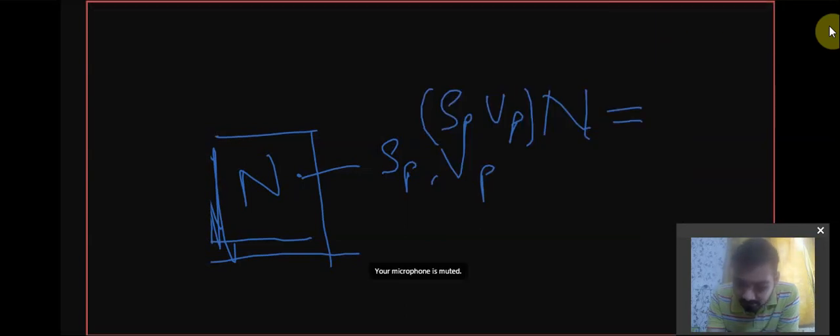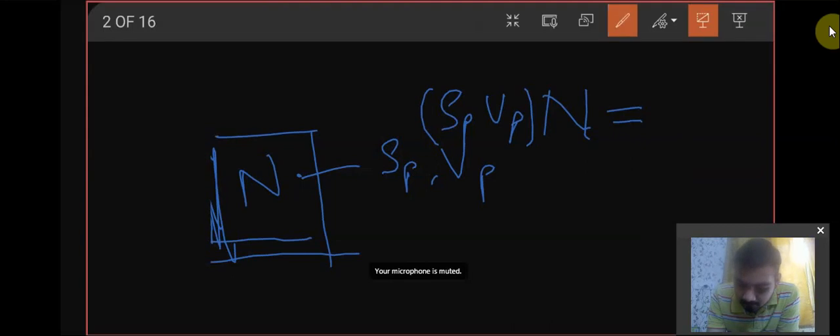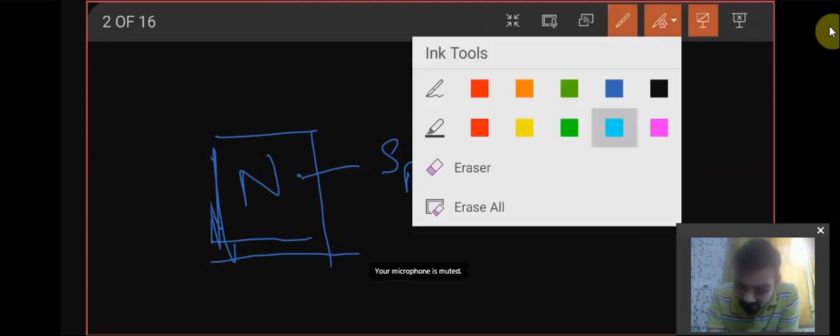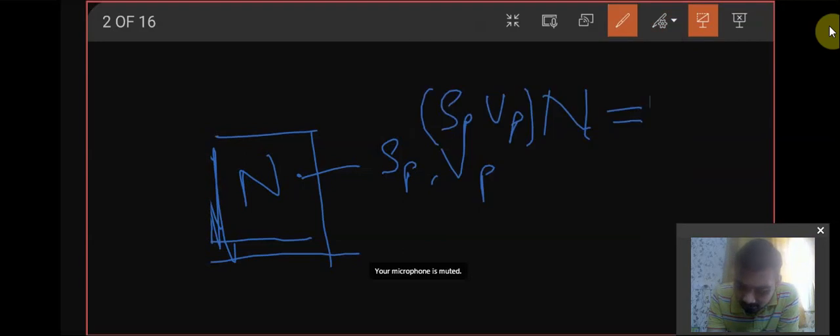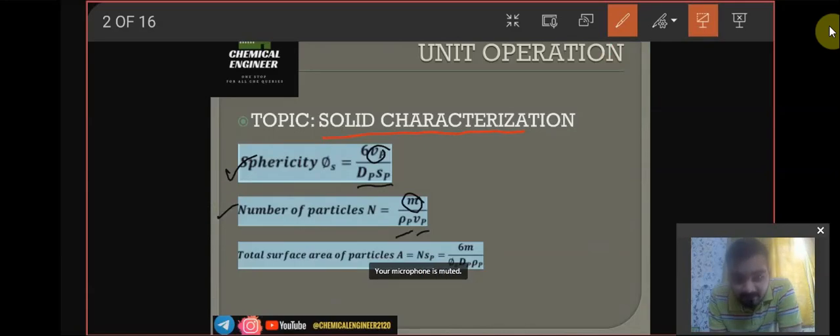Okay, so pen is not working. That is how we can find the formula, that is n equal to m divided by rho p Vp.